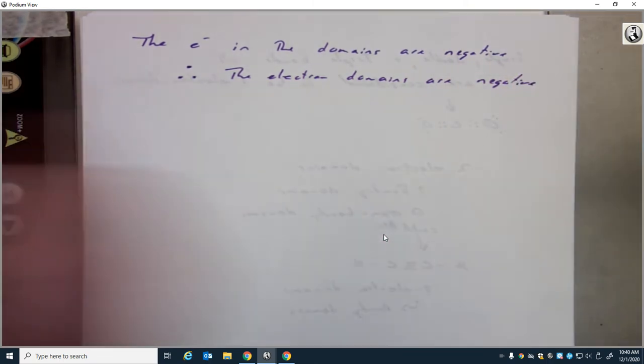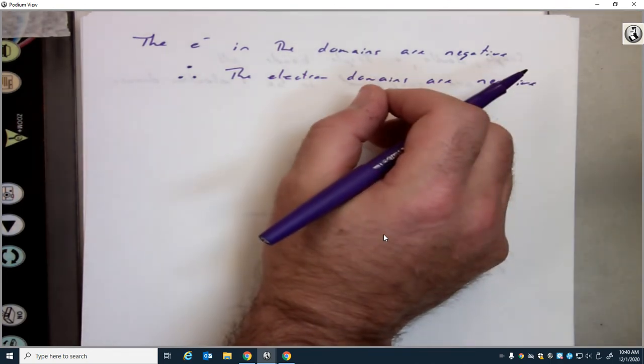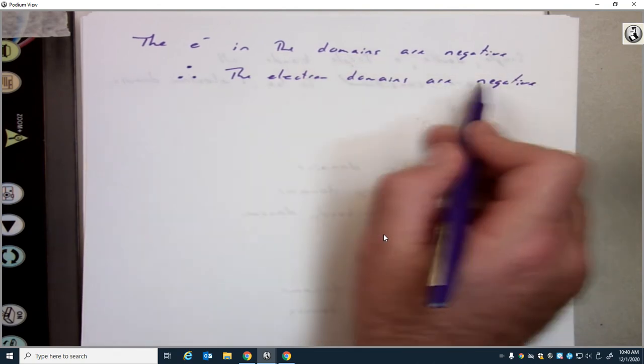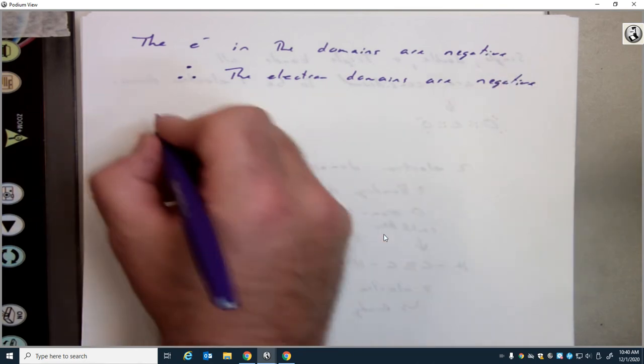So if all of these domains are negative, what happens if you put two things with the same charge next to each other? Well, they're going to repel, and these electron domains are going to repel each other.